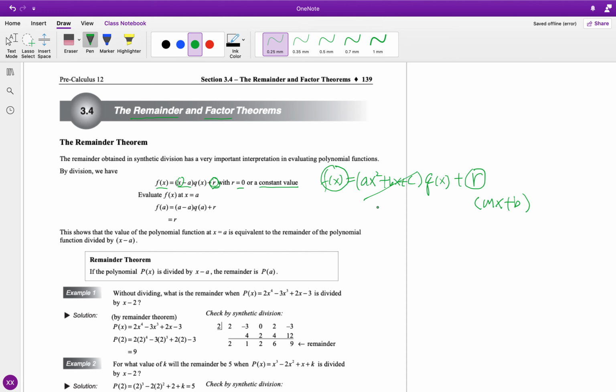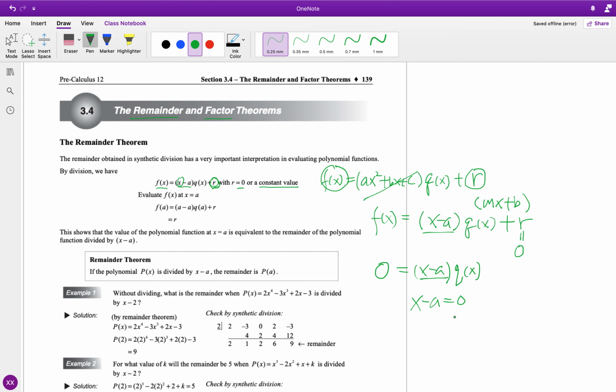So that means if we have this as the divisor, and of course a quotient, and if our r equals 0, then we have this left, and that means there's a root, such that f(x) equals 0.